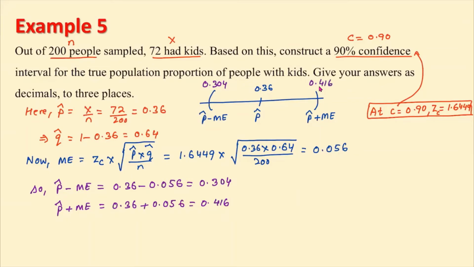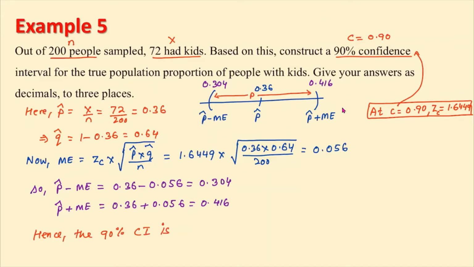That means we can say that the true population proportion P lies between these two values. And we can say that with 90% confidence. So we can say, hence the 90% confidence interval is that P is between these two values.